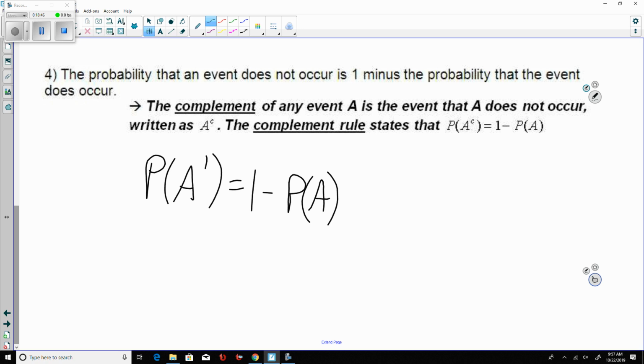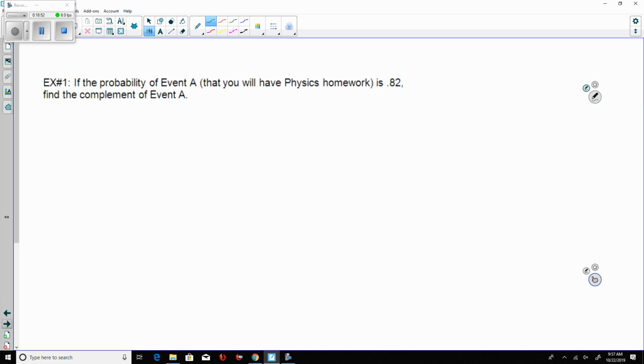So if I have the complement plus the probability, it should equal 1. And if I tell you the probability of event A that you will have physics homework is 0.82, find the complement. So my complement is going to be 1 minus 0.82. Sometimes you want to make sure you put some of these basic mathematical equations in your calculator, because I don't want you to do this and tell me it's 0.28.